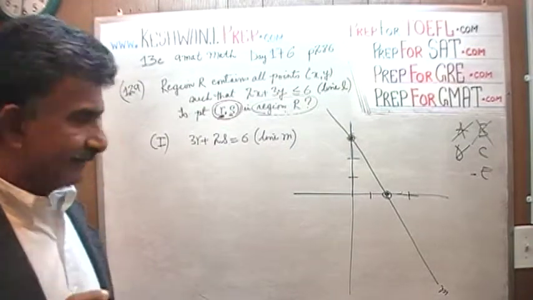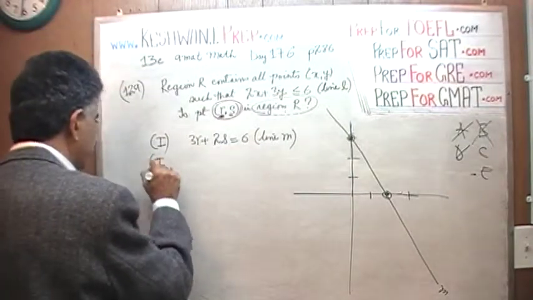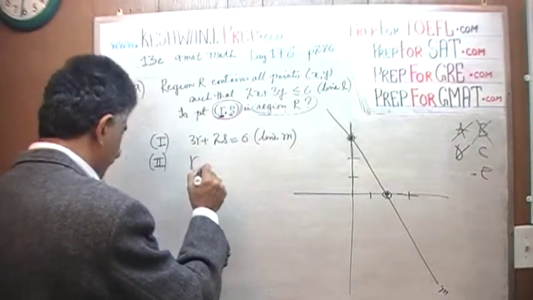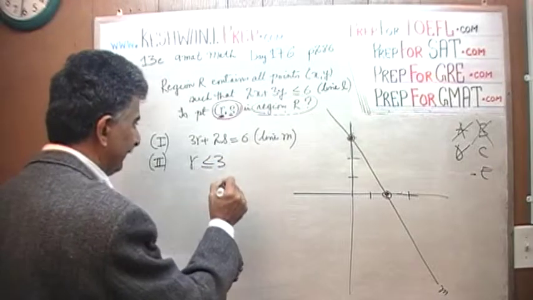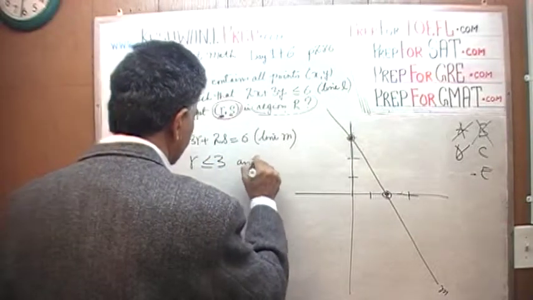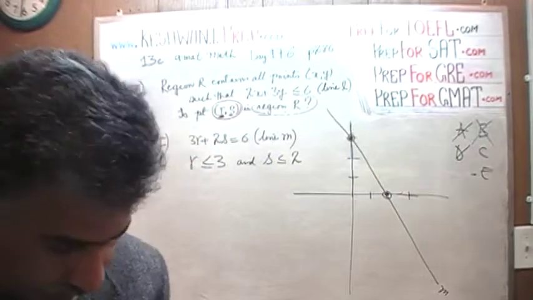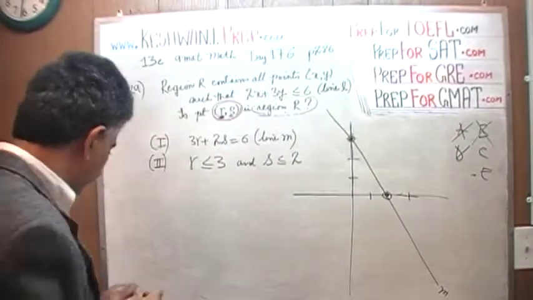Okay. The second statement told us that r, the x coordinate of the point that you're talking about, has to be less than or equal to 3, and the y coordinate has to be less than or equal to 2. Let's put that here. Watch what happens.